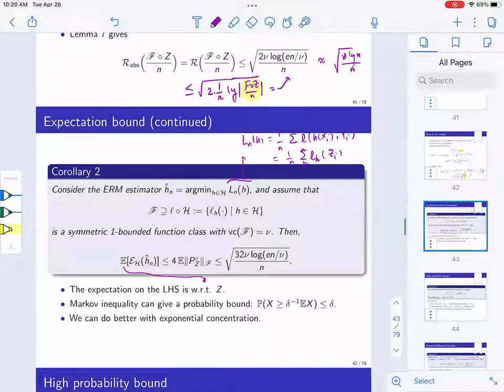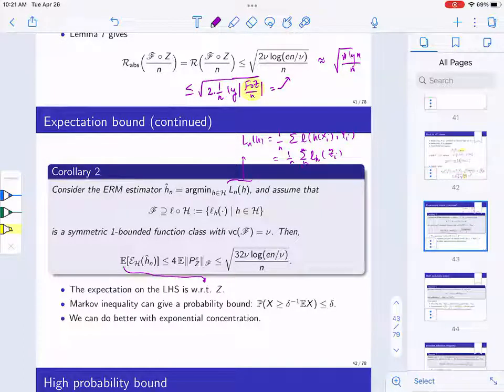You can turn it into a high probability inequality by using the Markov inequality. So this is a version of the Markov inequality. If I divide this expectation by delta, let's say this is non-negative, the probability that this is bounded by this quantity divided by delta is at least 1 minus delta.